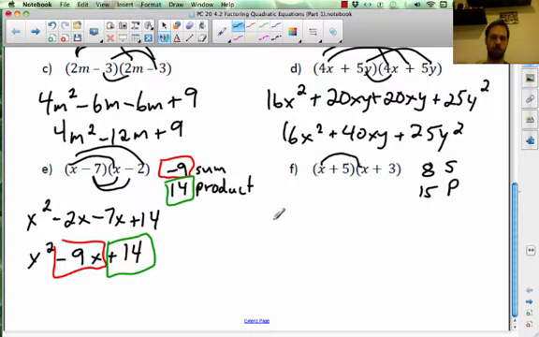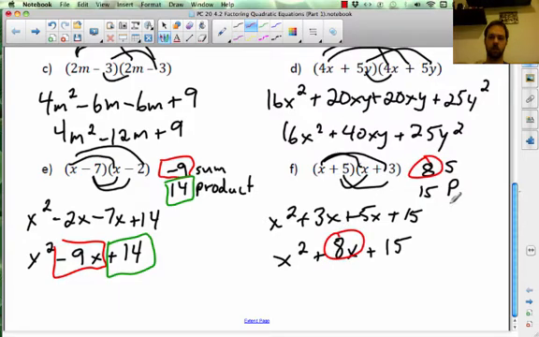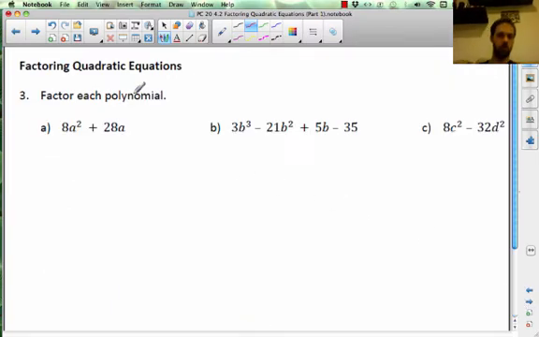So let's see. x squared plus 3x plus 5x, and then finally plus 15, and of course this simplifies to x squared plus 8x plus 15. So again, it worked. We were able to successfully predict what was going on with our linear term and our constant term just by doing a quick sum and product.